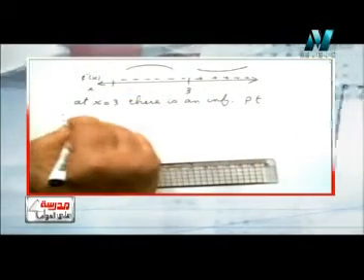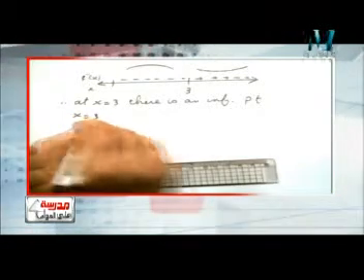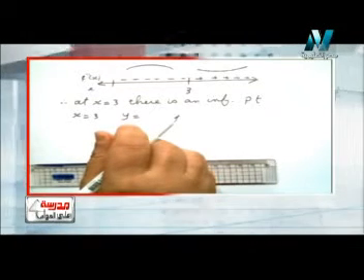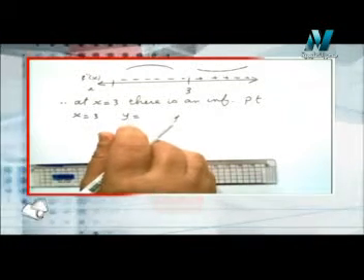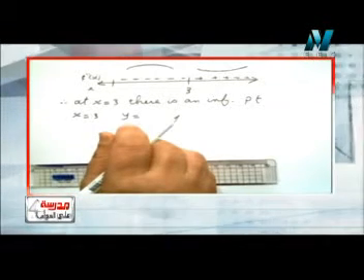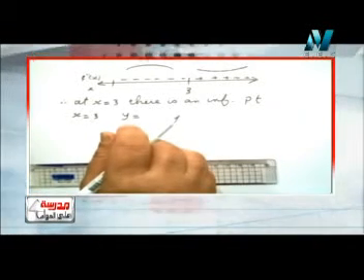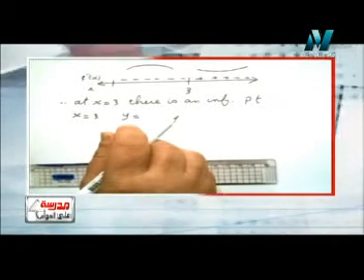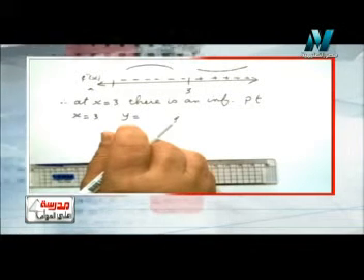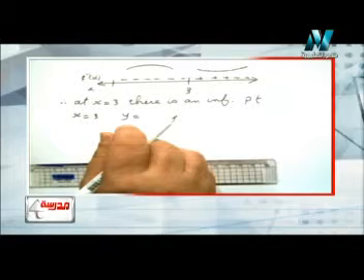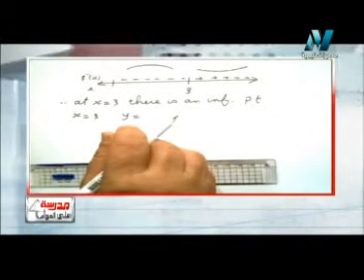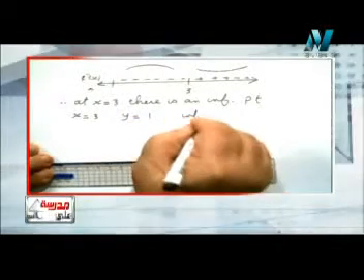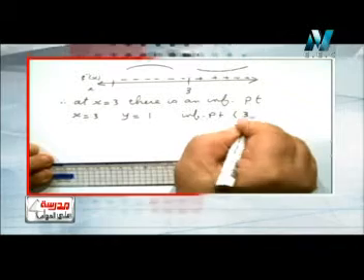Then at x equals 3, y equals 3 power 3 minus 9 by 3 power 2 plus 15 by 3 plus 10, which equals 1. Therefore, the inflection point is (3, 1).